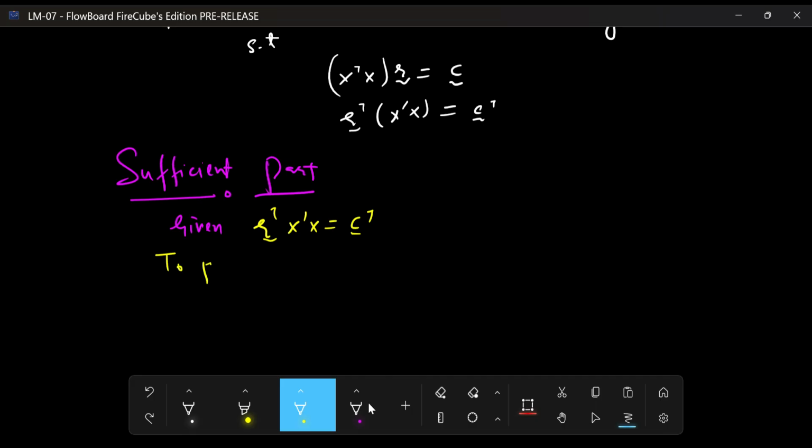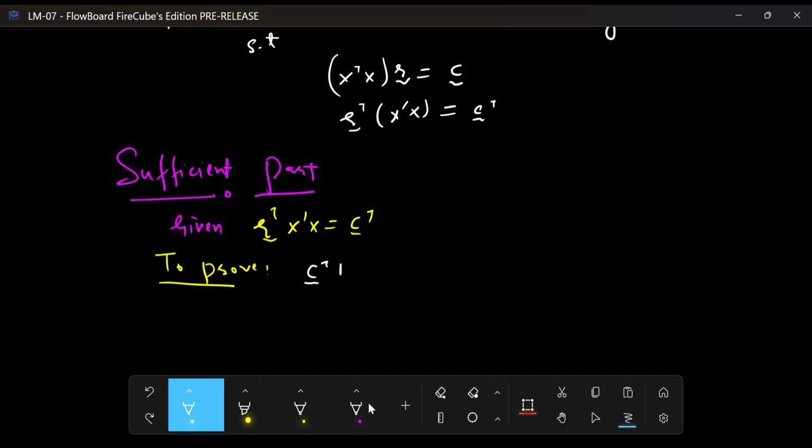To prove: C curl transpose beta curl is estimable. See, in the necessary part we proved that this is equal to this, and in the sufficient part we take the reverse of the necessary part. In the necessary part we proved this, and in the sufficient part that's given, and we need to prove that C curl transpose beta curl is estimable, while in the necessary part this is given.